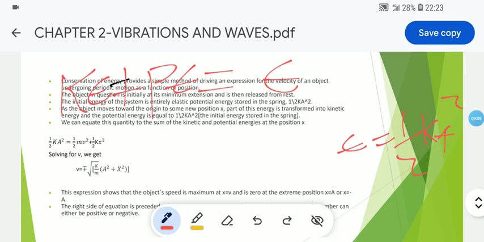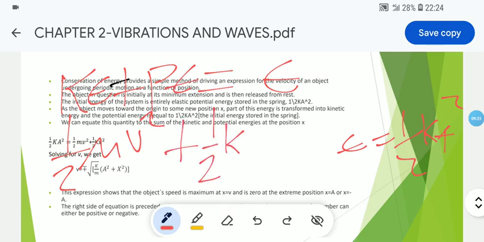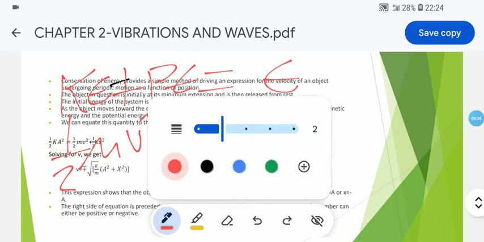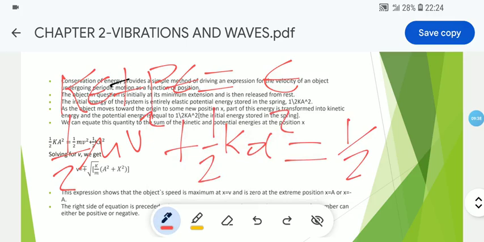Then we can substitute. The maximum kinetic energy is given by that, and the elastic potential energy, 1/2 k x squared, is equal to 1/2 k a squared.